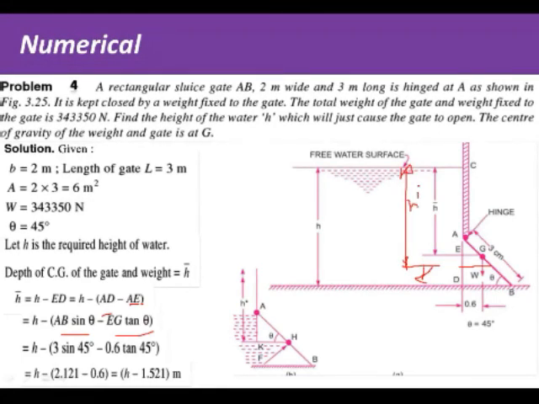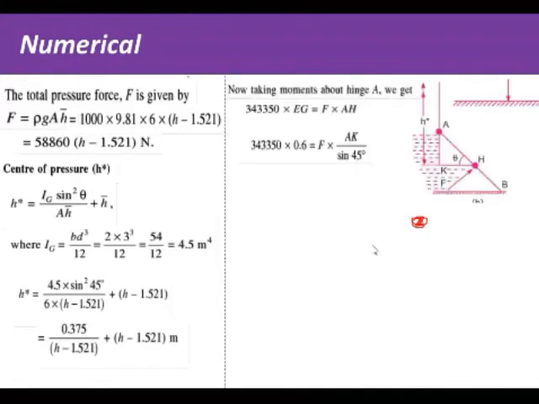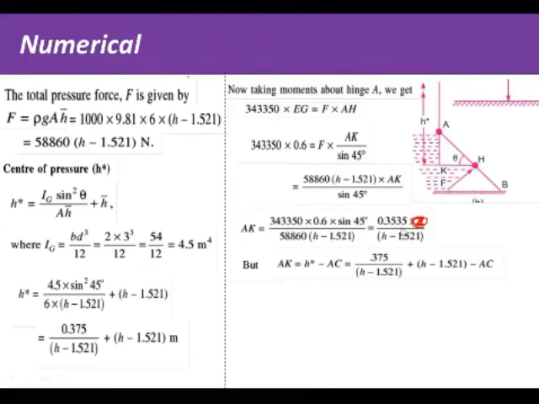So this total H star minus this distance AC, you will get this distance AK. So this AK is nothing but H star minus AC.